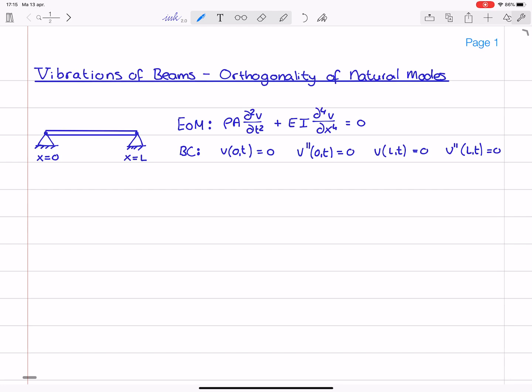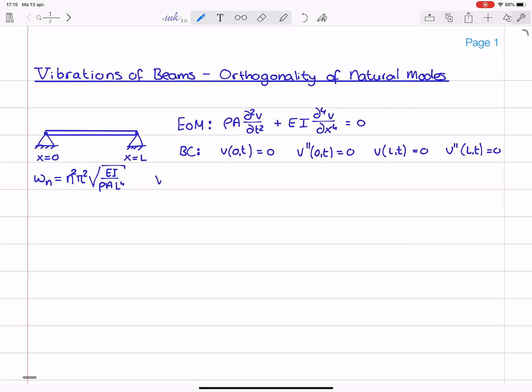So in our case, I will stick to the example of the previous lecture of the simply supported beams. And let me state the expression for the natural frequencies, omega n. We found them to be n squared pi squared times the square root of EI divided by rho A L to the power 4.